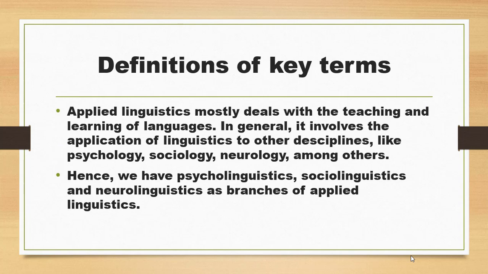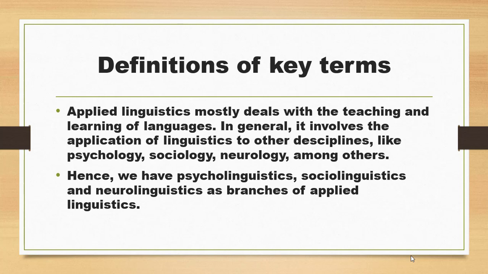So let's start with definitions of key terms. Applied linguistics mostly deals with the teaching and learning of languages. In general, it involves the application of linguistics to other disciplines like psychology, sociology, neurology, among others. Hence, we have psycholinguistics, sociolinguistics, neurolinguistics as branches of applied linguistics.